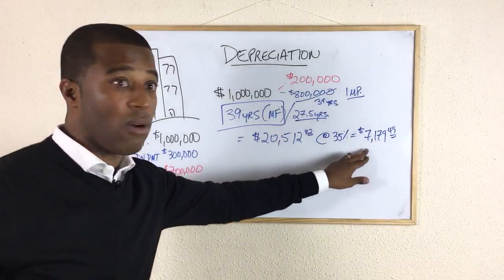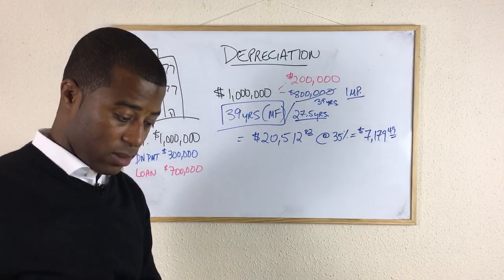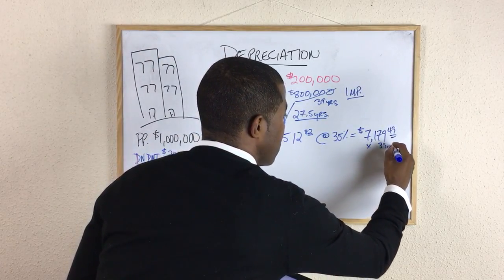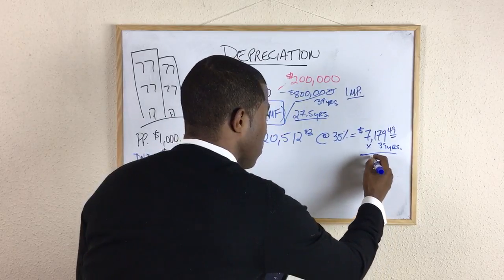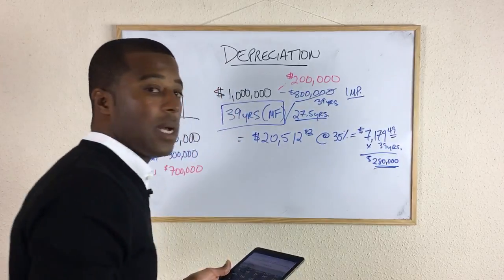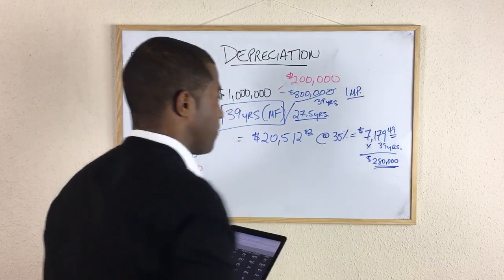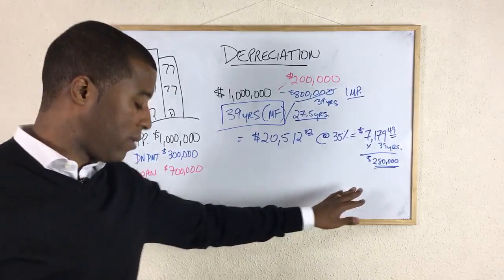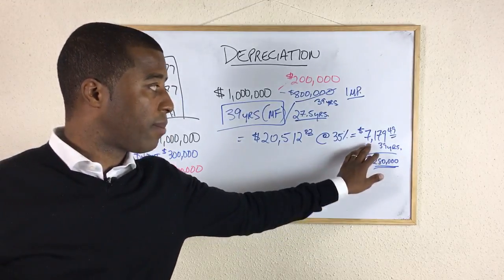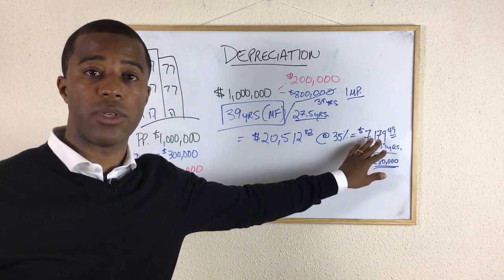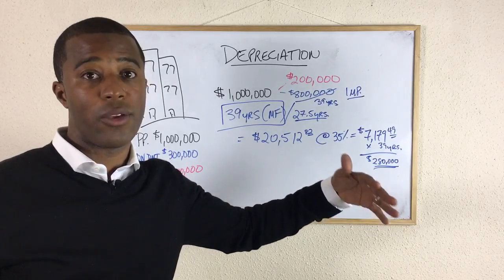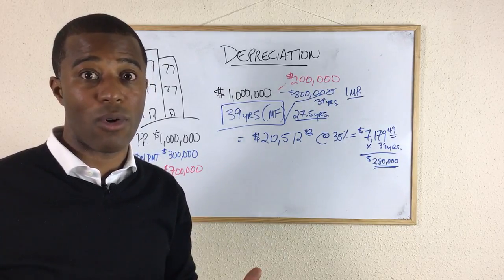So let's say you do that over 39 years, times 39 years, that would be a $280,000 credit over the period of time. But if we look at it year by year, you're able to use that $7,179 to offset your income, the income within your own portfolio.